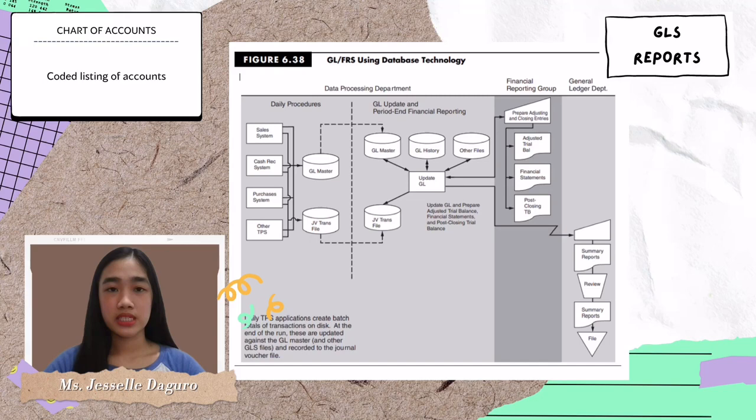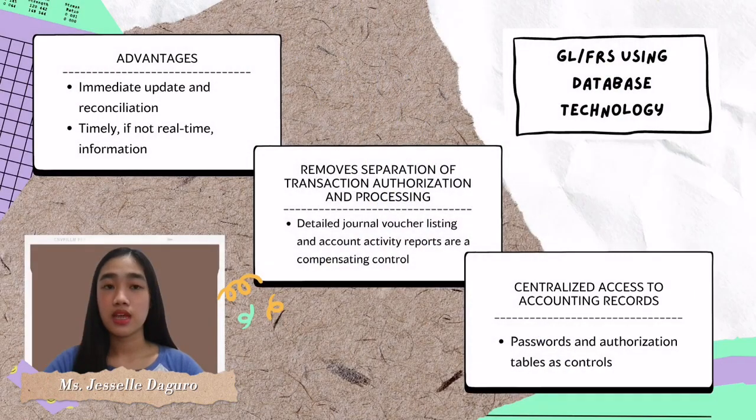Some examples of systems that could be used as database are the SAP and also the Oracle database, which are Enterprise Resource Planning or ERP systems. By the use of this database technology, advantages such as being able to update and reconcile the records immediately can be obtained. Therefore, it could produce timely information. Also, it removes the separation of transaction authorization and processing, meaning there is less human intervention.